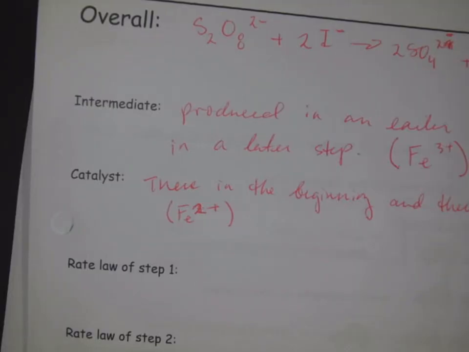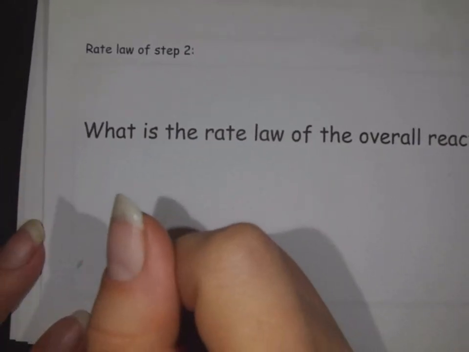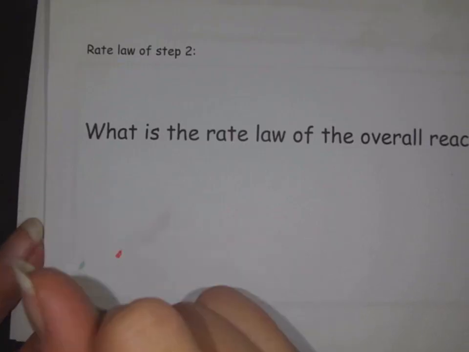Intermediates cannot be part of the overall rate law, but catalysts can be part of the overall rate law. Let's scoot this down because we don't have a ton of room here, so I'm just going to put some bullet points on the bottom of this page.